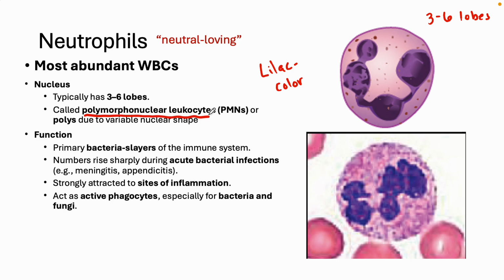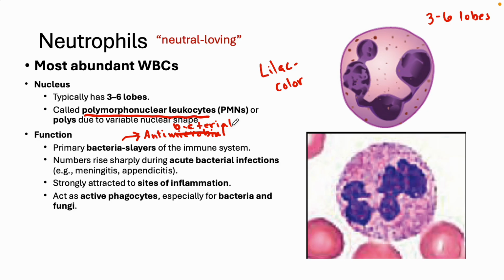So the big thing to keep in mind about the neutrophils is that they are antimicrobial, meaning that they are going to attack primarily bacteria. Really, I should have said antibacterial, not microbial.